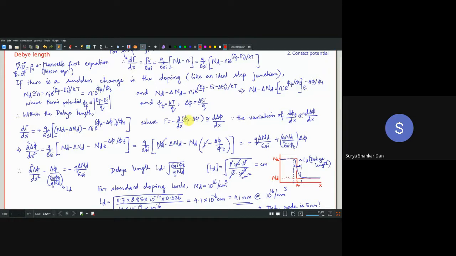If you have not applied any biases, will there be any change in the phi F? No. We have already seen that the Fermi energy level is invariant across the device under equilibrium.